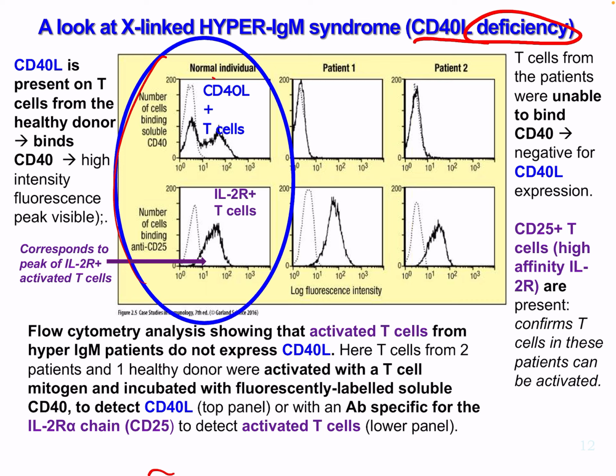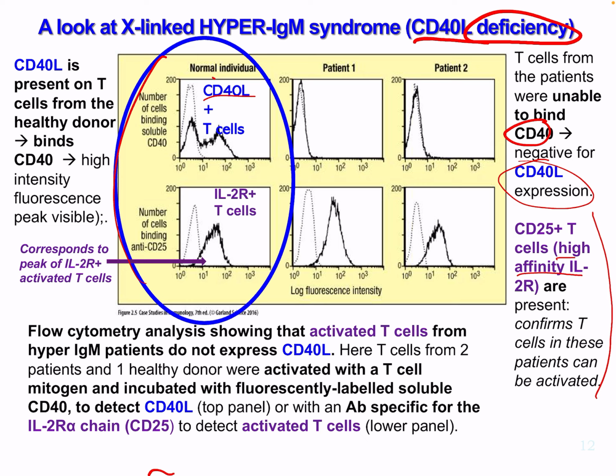T cells from patients who are unable to bind to CD40 are negative for CD40L expression. CD25 on T cells, which is the high affinity IL-2 receptor, is present and confirms T cells in these patients can be activated. So essentially they still have T cells, and the T cells can still work, but they can't activate the B cells because they don't have CD40 ligand.